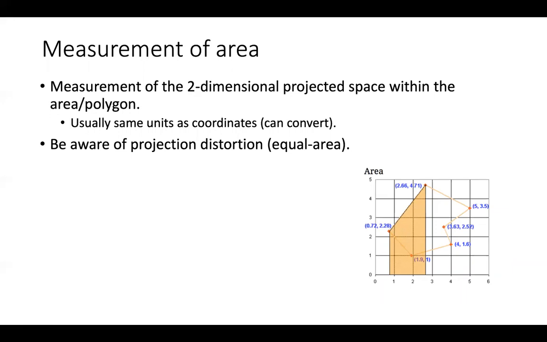So you would get square meters, or feet, and you would get square feet. For instance, it won't be very helpful or possible to get the area of a polygon in decimal degrees. Why? Because that area actually changes depending on your latitude. Also, make sure to be aware of projection distortion.